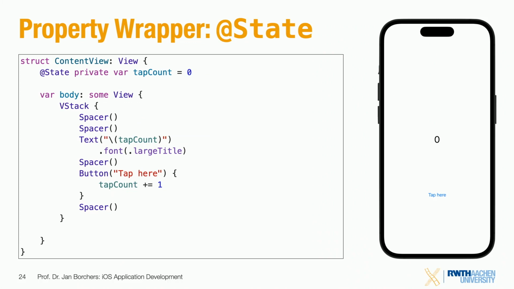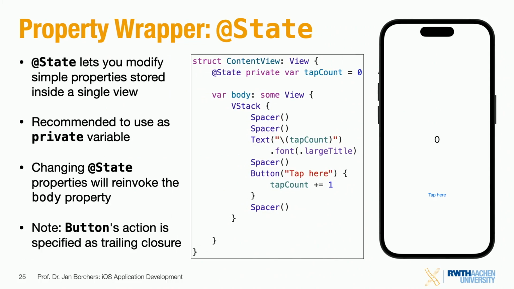All right, so this wrapper lets you modify simple properties stored inside a single view. Private is recommended. And when you change any of these properties, it will re-invoke the computed body, right? So the view will render itself fresh when this variable gets changed. And for reading through these slides later, I mentioned here that the button's action is this trailing closure that we already discussed.